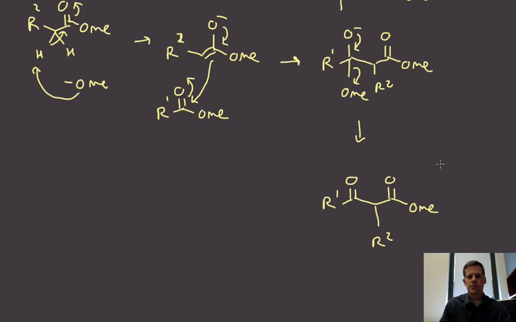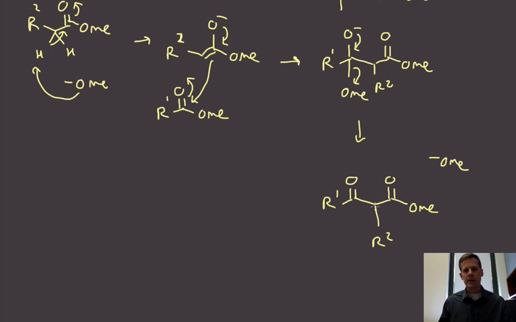Okay, so we just spit off methoxide. But now it turns out that in the flask, even though this is the product, things aren't done yet, because what we've just generated is a beta keto ester. So we were first dealing with just normal esters, things with a relatively low acidity, and now we've generated a 1,3-dicarbonyl, which we've talked about is now much more acidic.